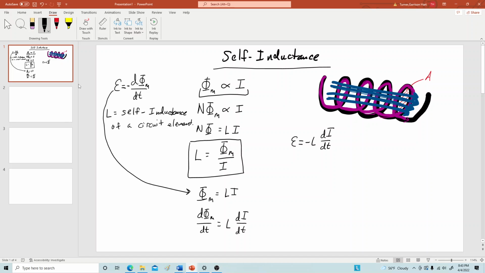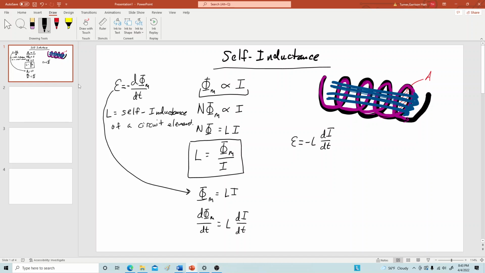Now, this is the potential across the inductor. If your inductor is your only loop in your circuit and somehow you're causing a change in magnetic flux, then it will be the potential induced in the circuit.